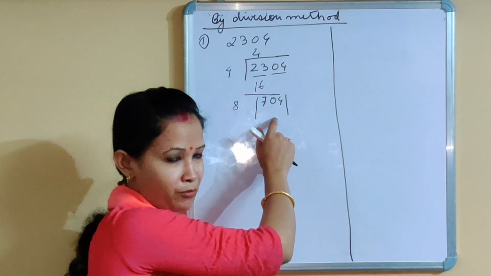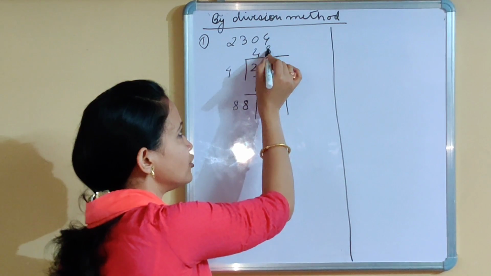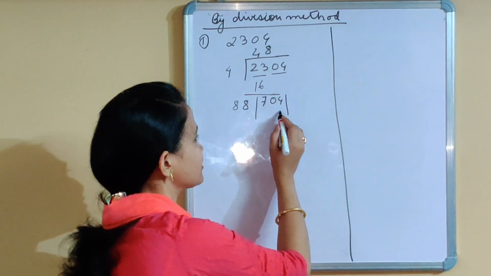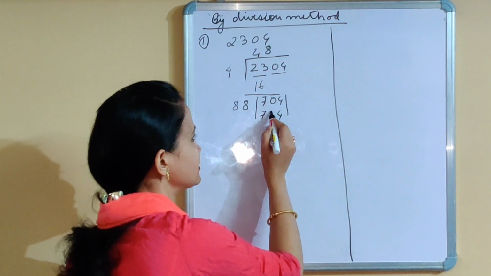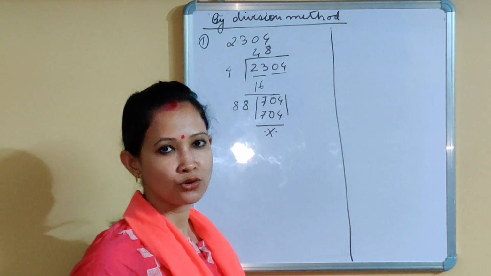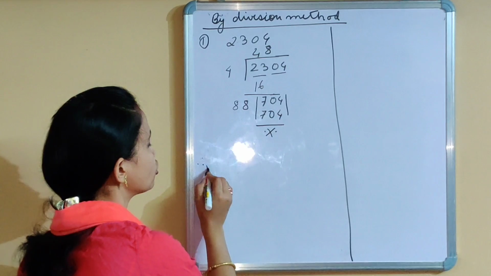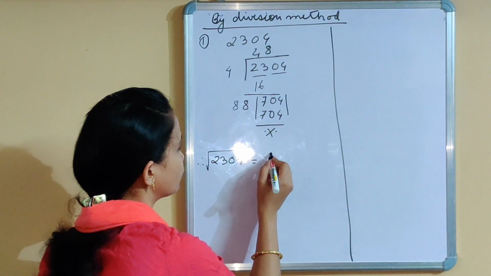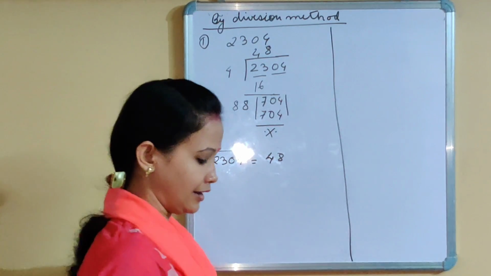If we give 8 here, here also you give 8. 8 into 8 is 64, plus 6, it is 70. The remainder is 0, so the square root will be 48. Therefore the square root of 2304 is equal to 48.